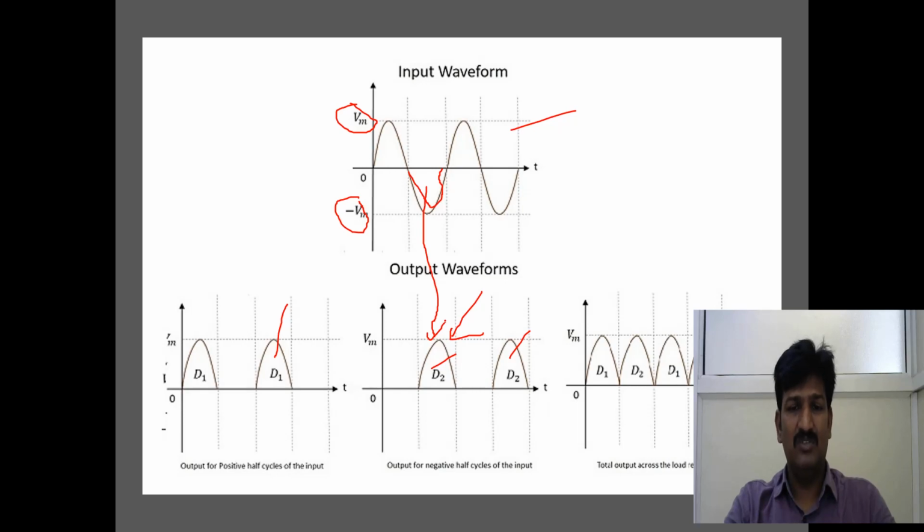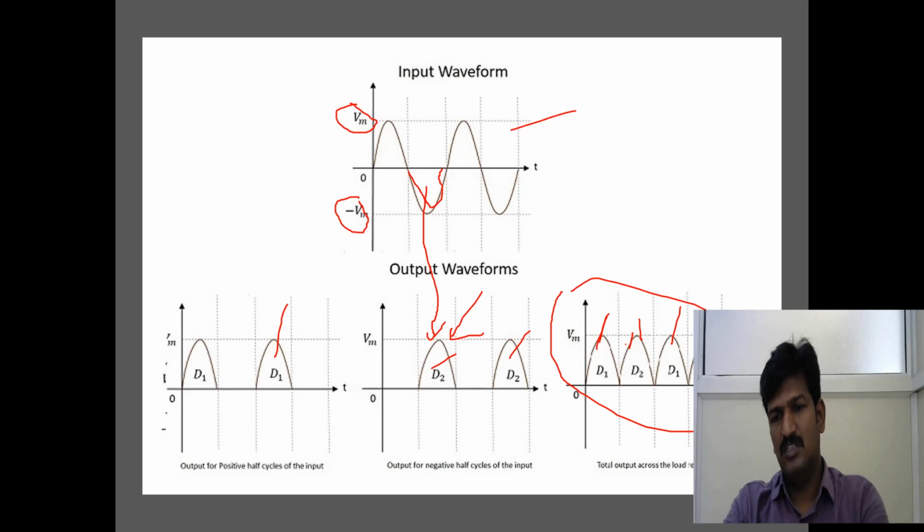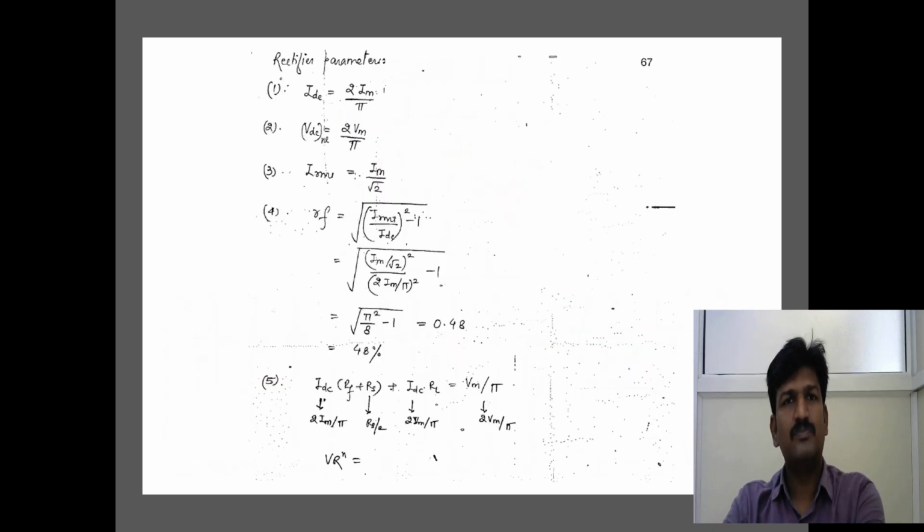That is the phase reversal. By combining the outputs corresponding to D1 conduction and D2 conduction, you get the resultant output like this. Here, D1 and D2 correspond to positive, then negative, like this. This represents the total output across the load resistor.